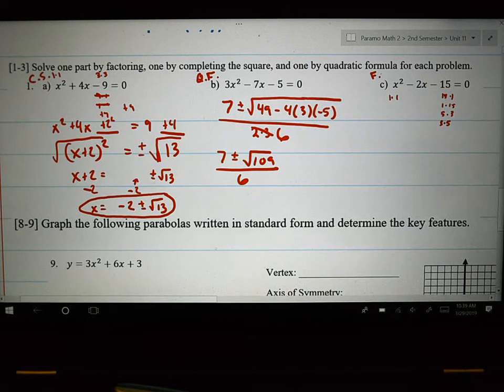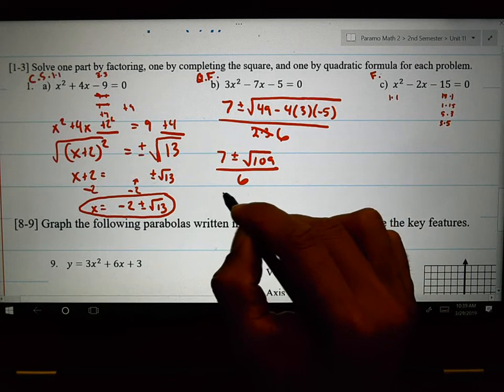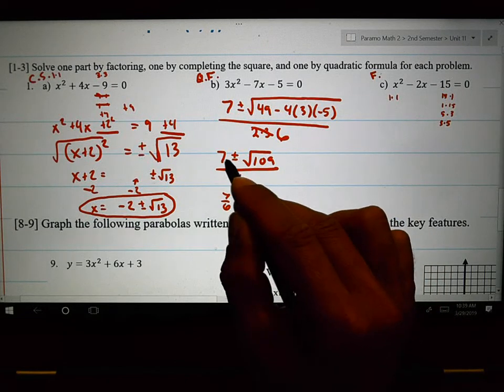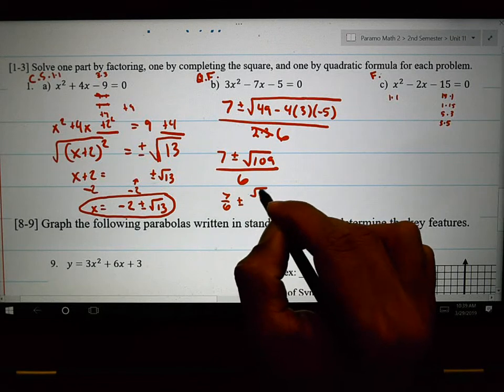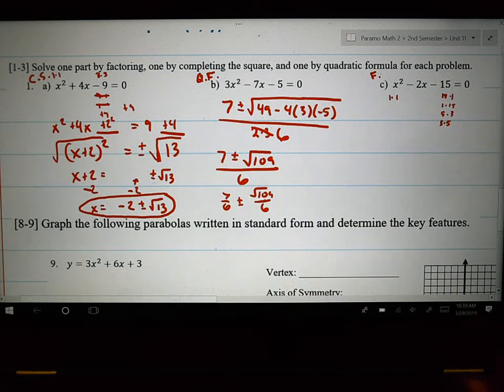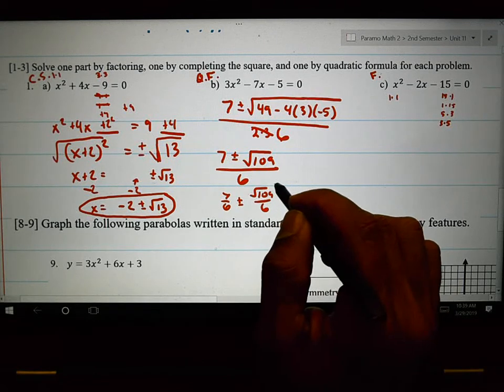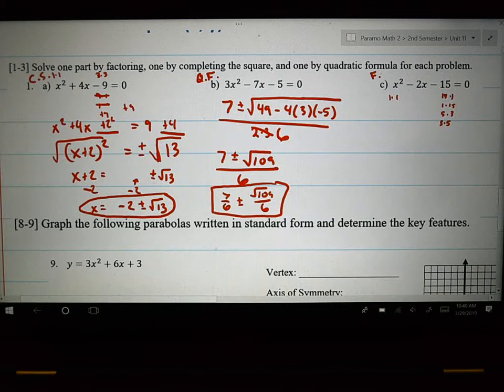I use the calculator to help me figure that out. It does not reduce. So my final answer, I generally will split these. This numerator divided by 6 and this numerator divided by 6 because I want to check to see if this reduces or that reduces, which it does not. But in case it does, that's why I do that.